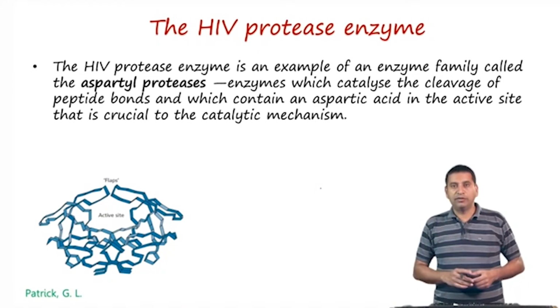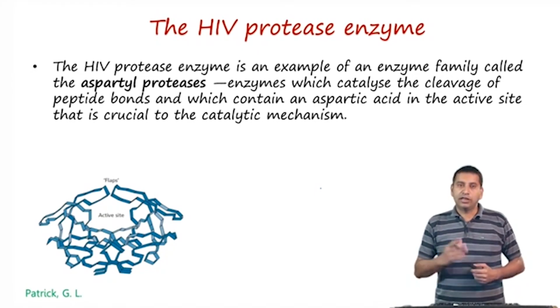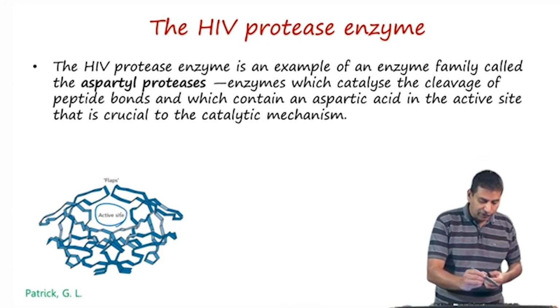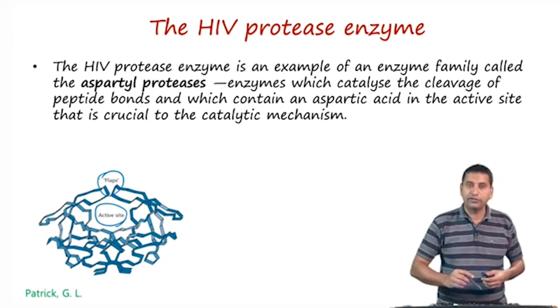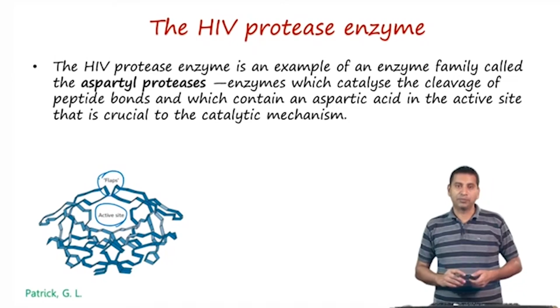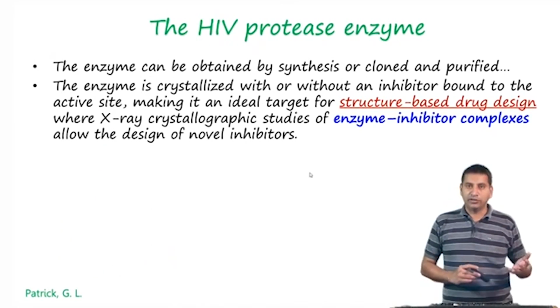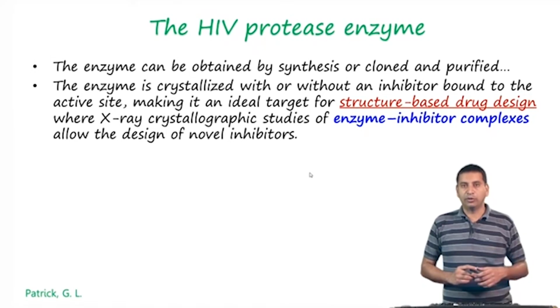We will look at it briefly once again, but these enzymes catalyze the cleavage of peptide bonds, okay, and they contain an aspartic acid in the active site, and that is crucial for the catalytic mechanism. So, here is the active site of this enzyme, and there is something very interesting called flaps, which we will look at later.